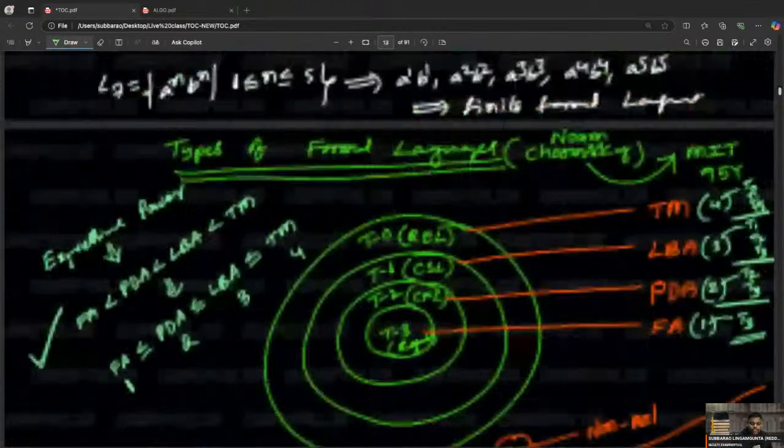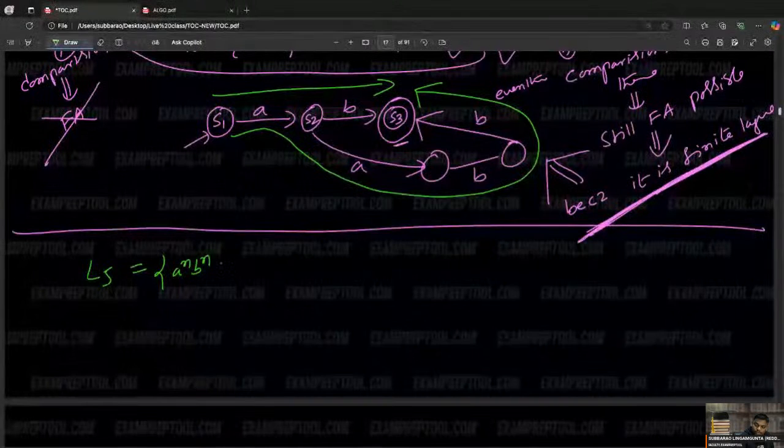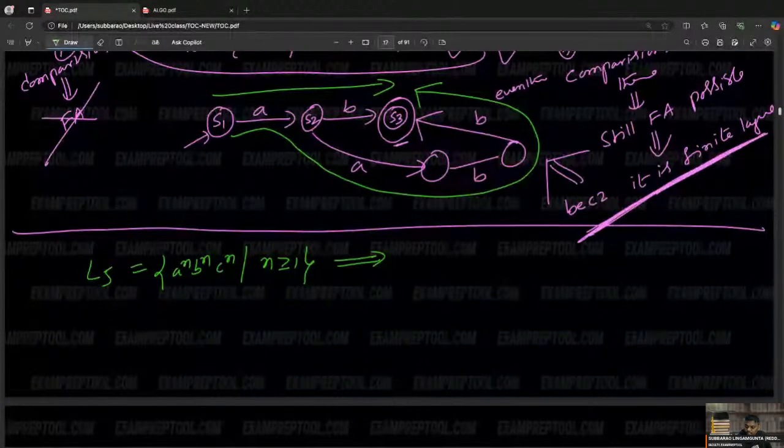In tomorrow's class we will see L5, which is A power n, B power n, C power n, where n is greater than or equal to 1. Remember, here comparison is there. Finite automata gone.